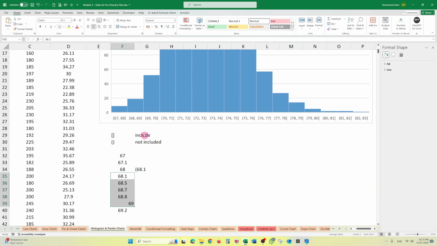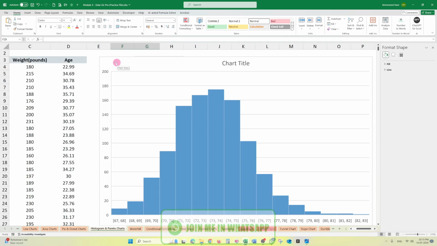So you understand the difference between the square bracket and the round bracket. A round bracket does not include the first value, but includes from there onwards. 68 is not included, but 68.1 onwards is included. That's why it is being used here.